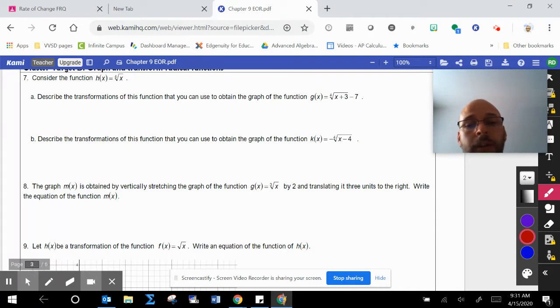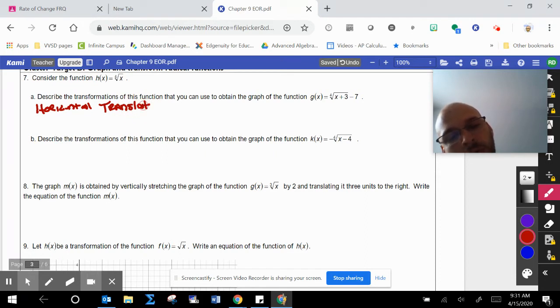So what we have here, if I add 3 to the inside, that's going to be a horizontal translation of left 3 units, okay?